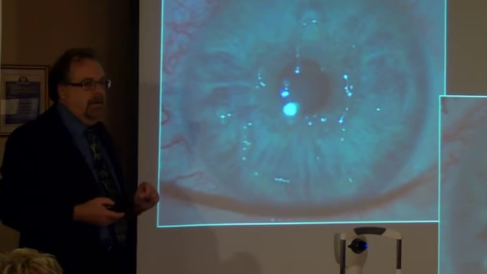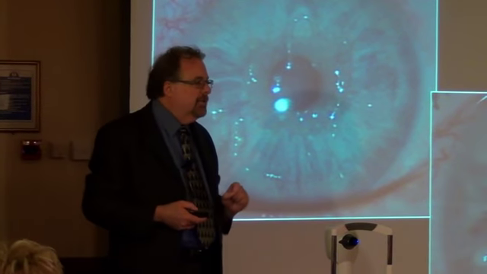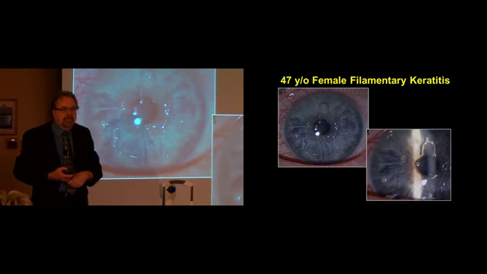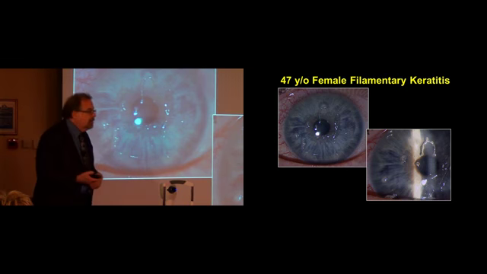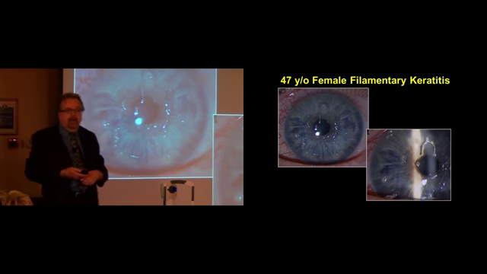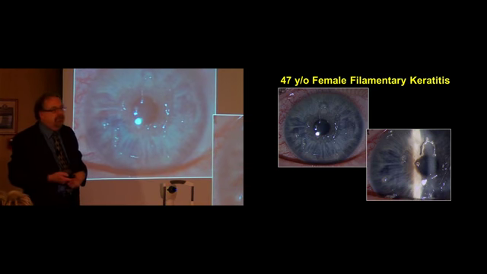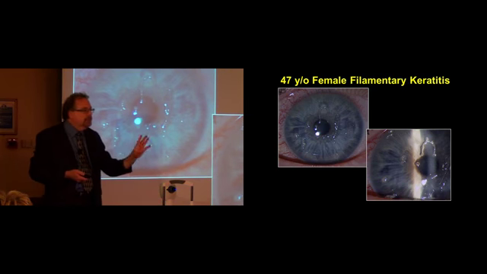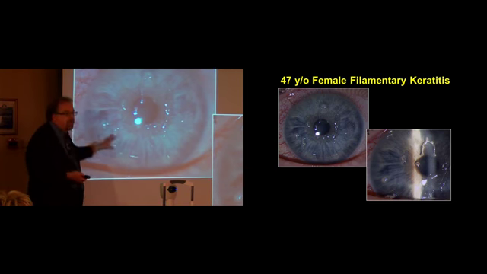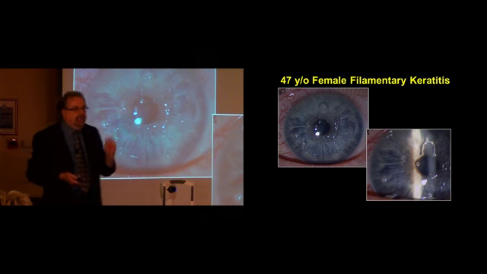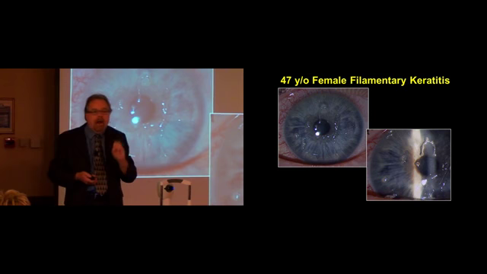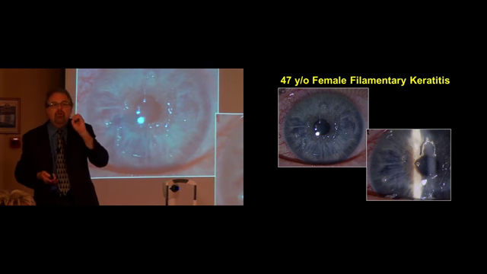Let's take a look at this particular patient. No mystery about the diagnosis. This is an individual with ocular surface disease, in this case, filamentary keratitis. This is an extremely painful condition, but when a patient comes in with filamentary keratitis, I know that the sagittal height of that particular cornea is probably going to be very normal.